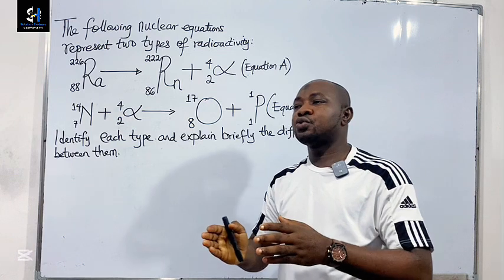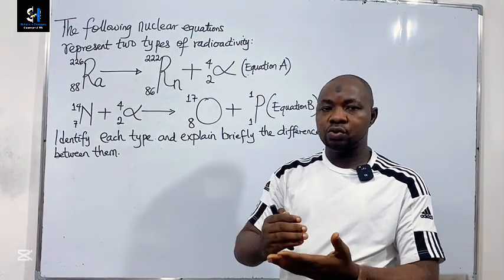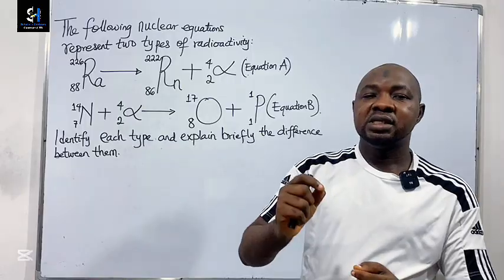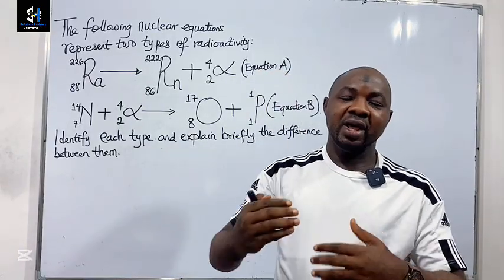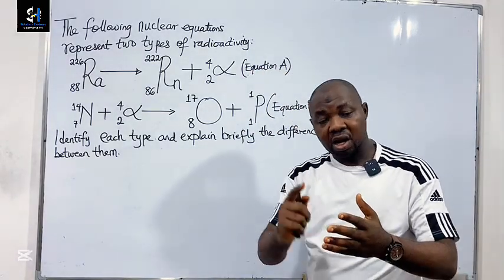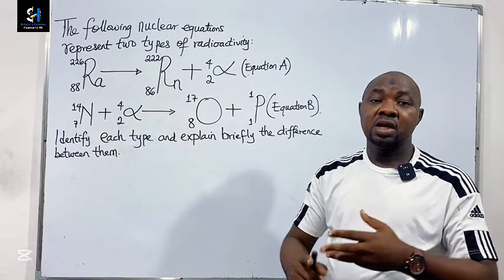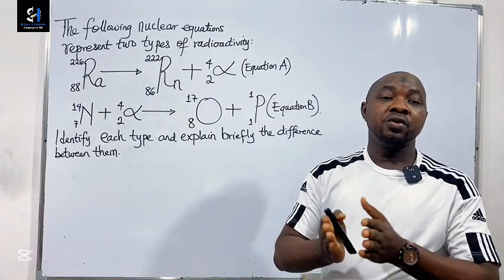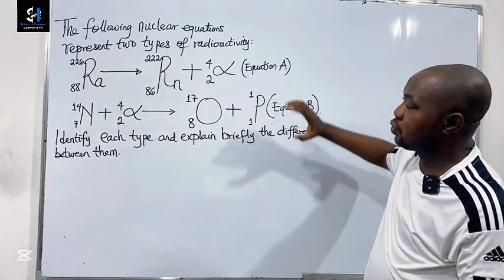The elements whose atoms undergo disintegration to emit the different types of radiations known as alpha radiations, beta radiations, and gamma radiations are elements we call radioactive elements. All right, so we have two equations on the board.